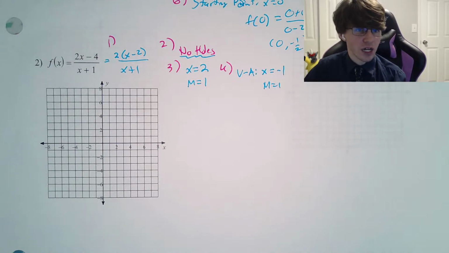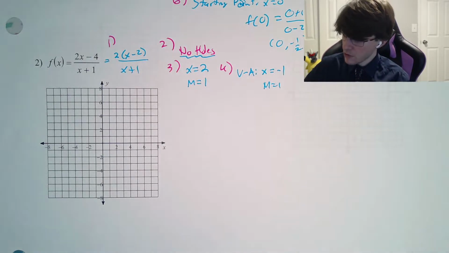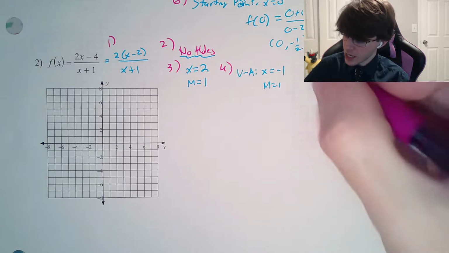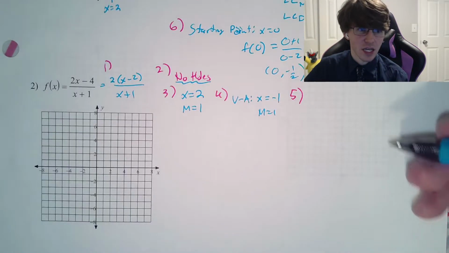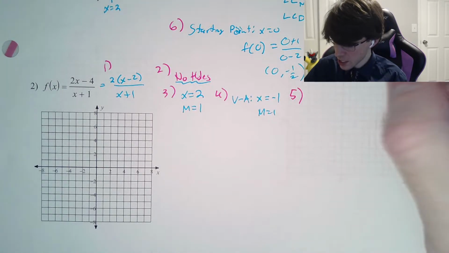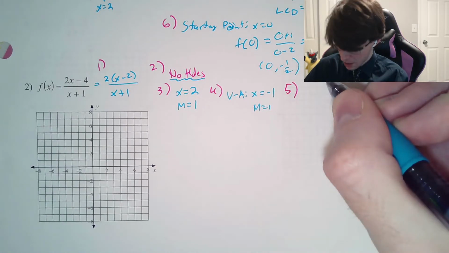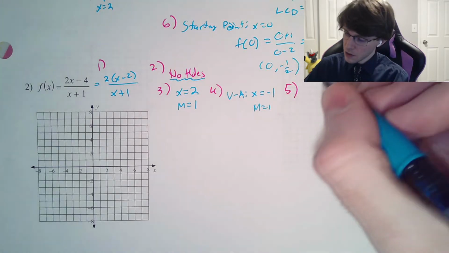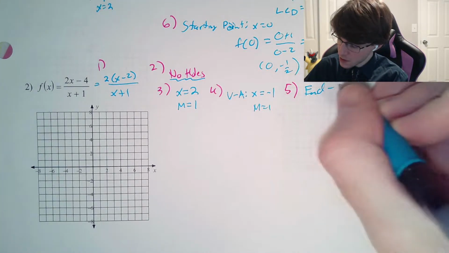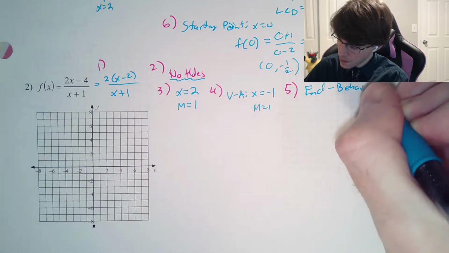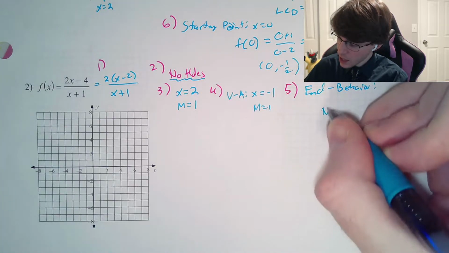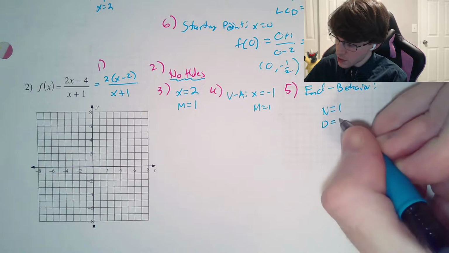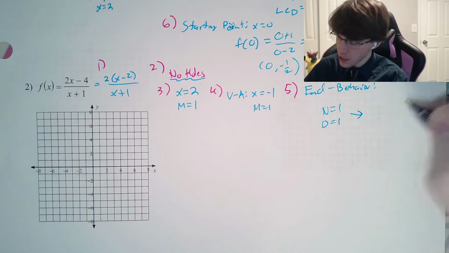After you have done that, we have a step number 5 of thinking about the end behavior. The end behavior for this problem is almost exactly the same as the previous one, except we have a slightly different leading coefficient. So for that end behavior, you have, yet again, the n is equal to 1 and the d is equal to 1, so you have to compare the leading coefficients.